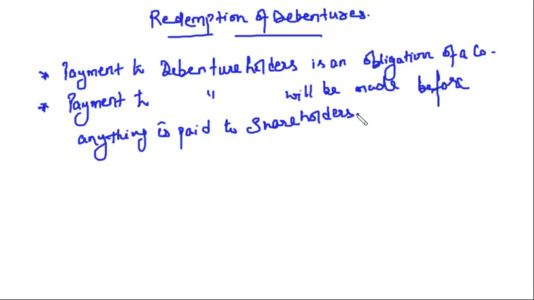Clear? Now in this lecture we are going to start with a very important topic of redemption of debentures. I don't know if many of you might be having problems or queries in this topic, right? I'll try to go very slow in this topic.